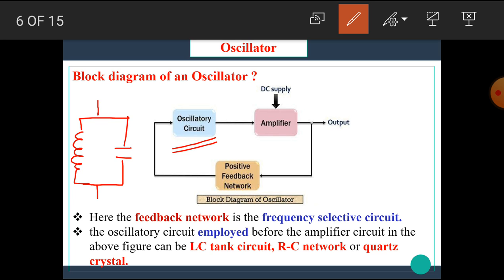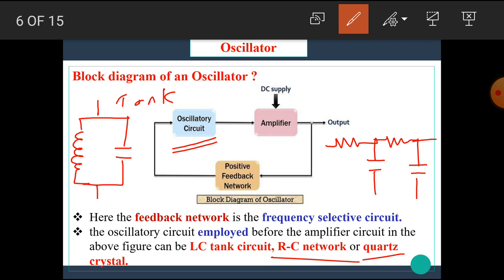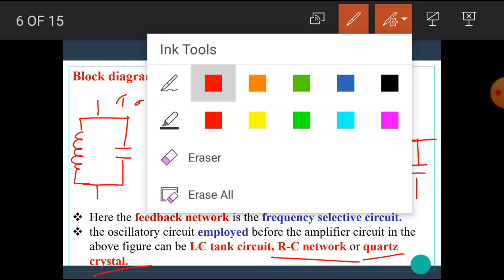This type of circuit is known as an LC tank circuit. The oscillator circuit may also be a resistor and capacitor type circuit, or it may be a quartz crystal. I hope you all understand the basic idea about the oscillatory circuit.